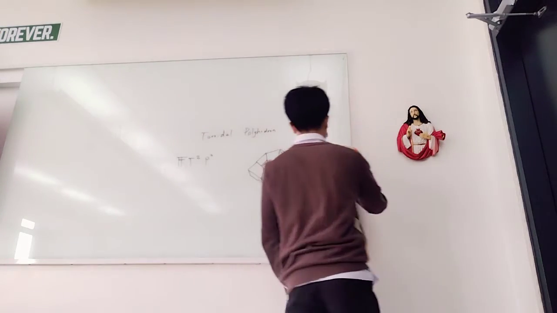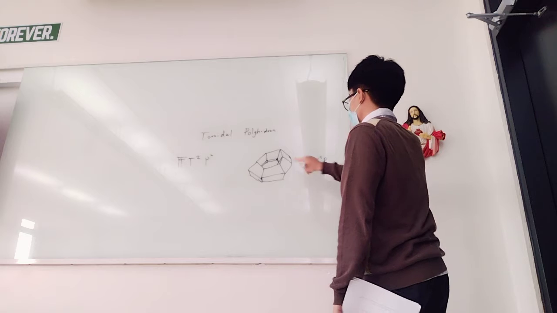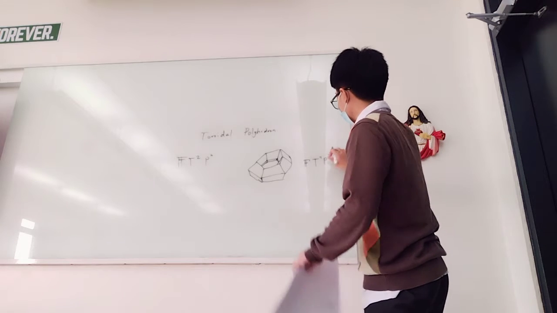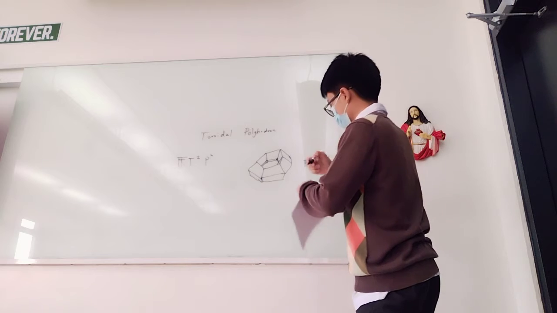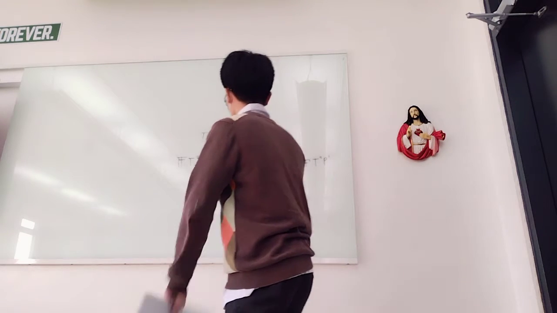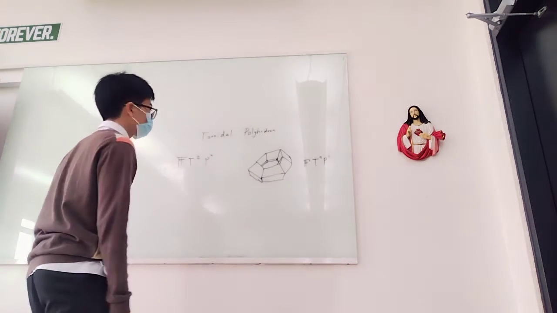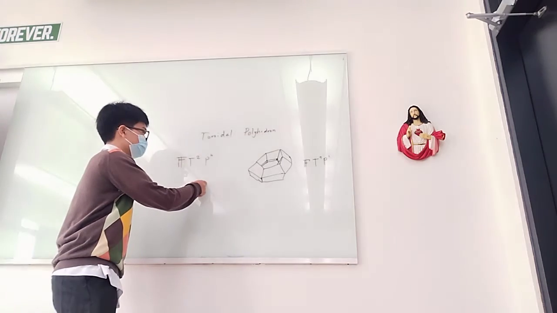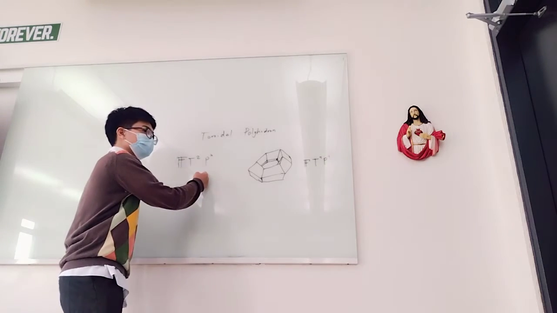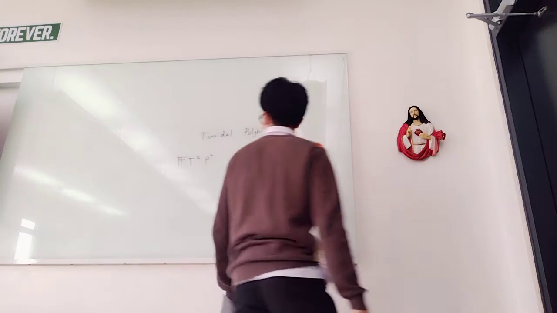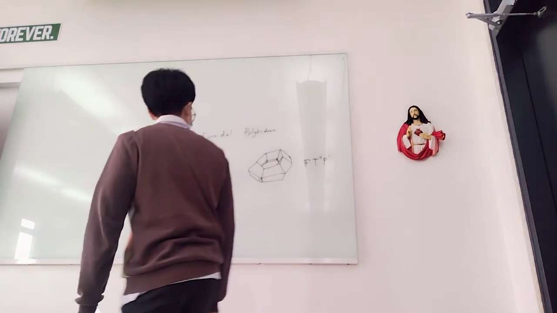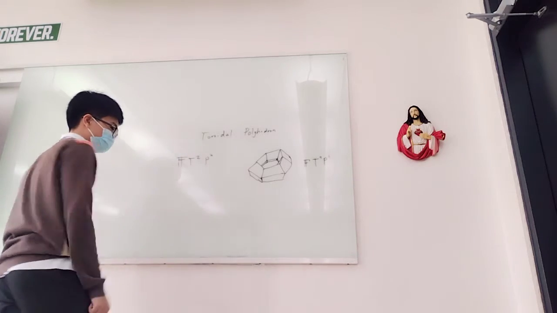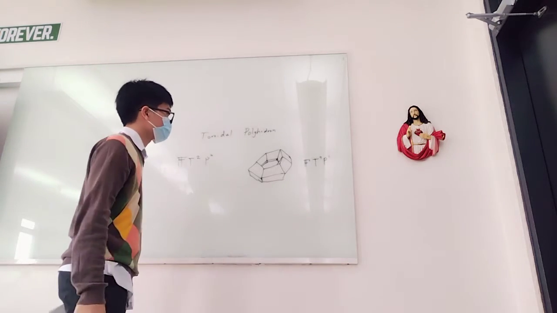Actually, this is P1 because it's a genus 1 torus, and genus 1 toruses have only one hole on them. But in general, if you have some genus n toroidal polyhedron, we use the abbreviation FT2Pn.